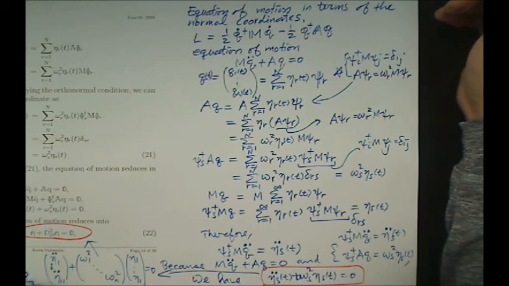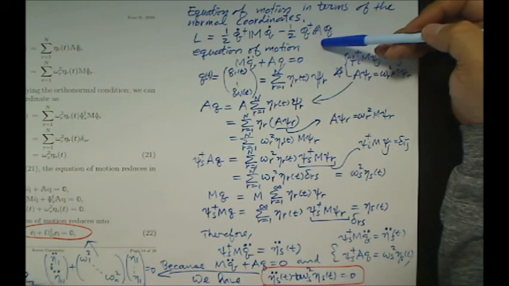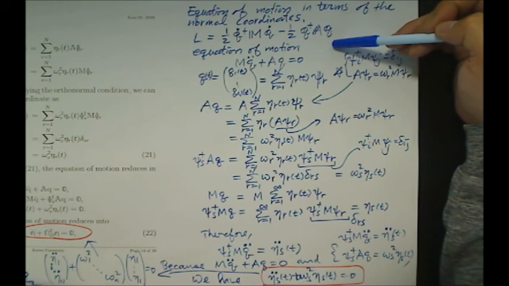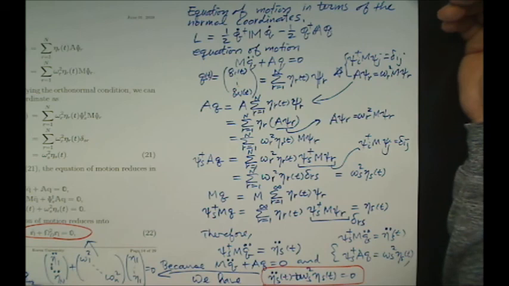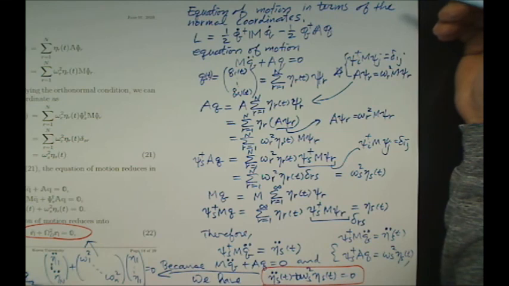The first leading non-vanishing contribution to the potential energy is a quadratic form in Q. That means we can expand the potential energy in powers of Q, and the second order piece is written in this form, where the potential energy tensor is the second order derivative of the potential energy with respect to Qi and Qj.